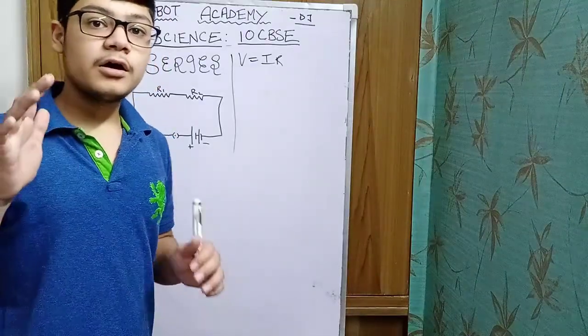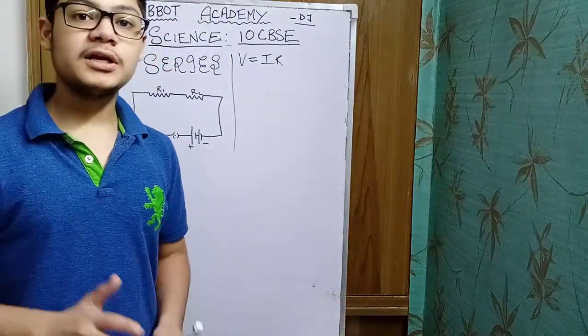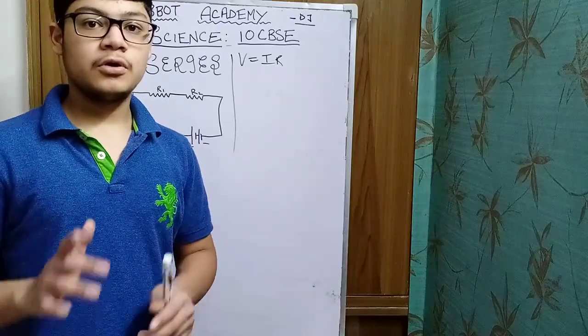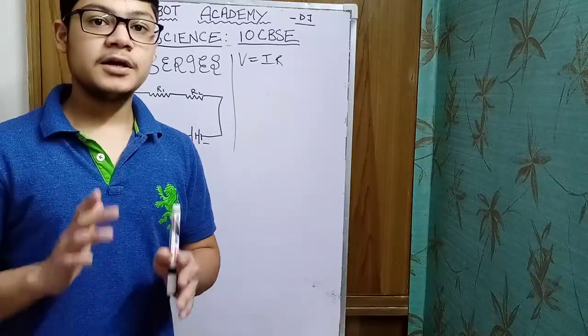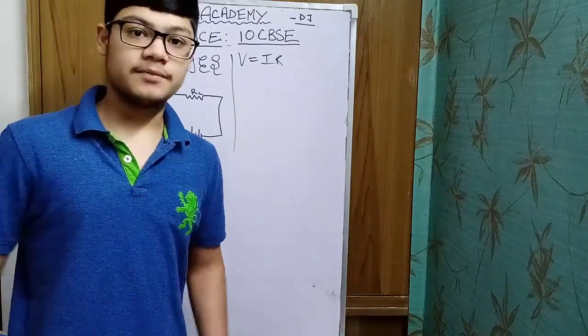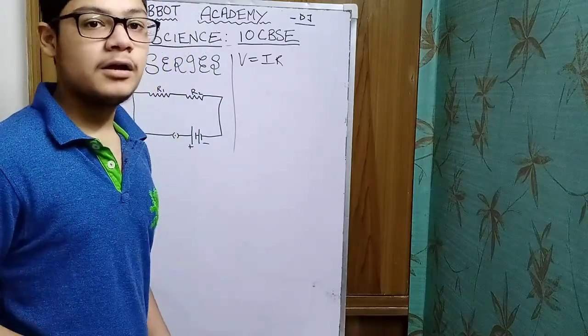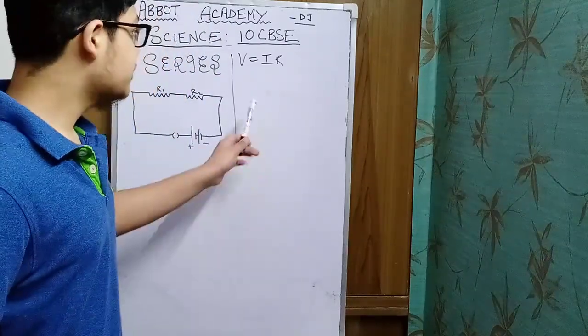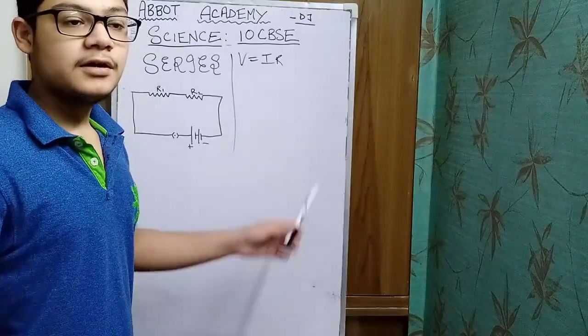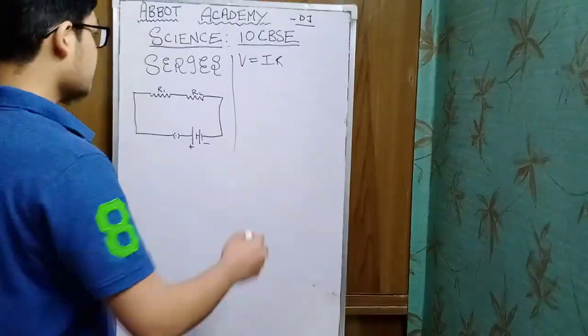And in parallel arrangement the potential difference always remains the same. I repeat, in parallel arrangement, the potential difference always remains the same. So there are two key features of series and parallel, and we will use these in deriving the equivalent resistance formula.